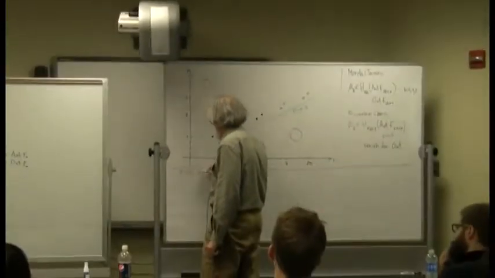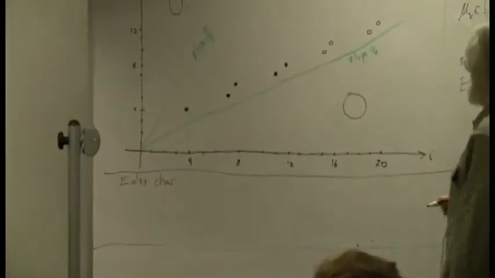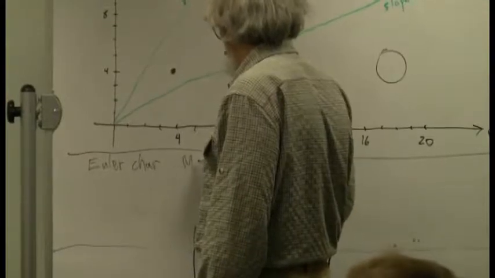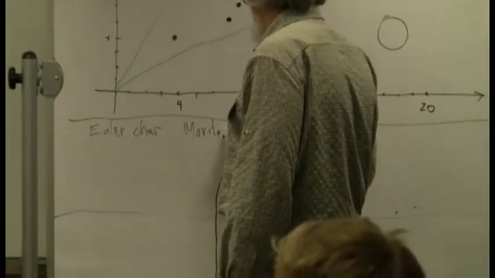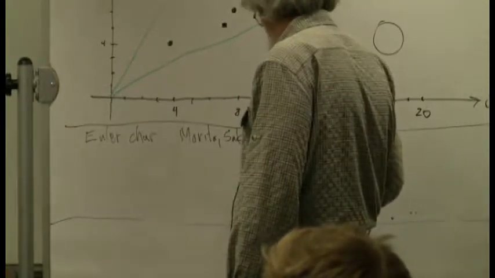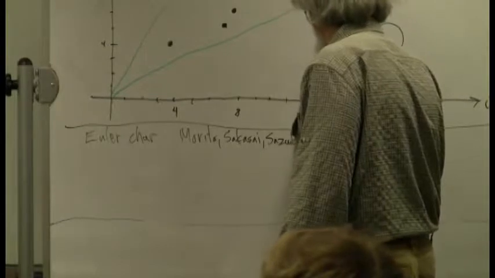One can compute Euler characteristic in a little bit wider range than you can actually do calculations. So this is Morita, Sakasai, and Suzuki a few years ago, fairly recent.